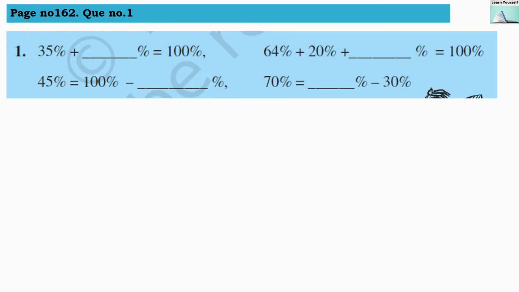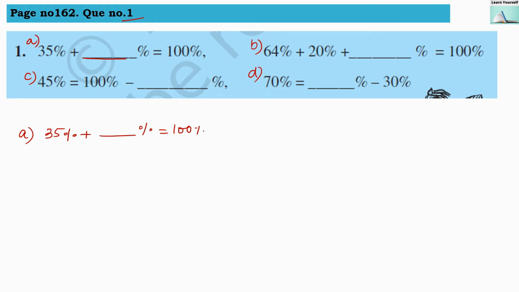Try these sums, page number 162, question number 1. 35% plus what percentage will make 100%? Let us give sub question letters A, B, C and D. A is 35% plus some percentage will make 100%.